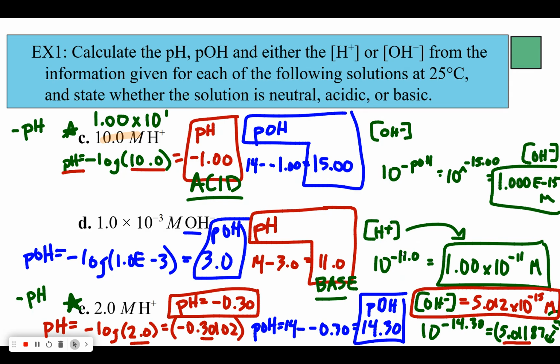So, yeah, it gets a little bit more technical and roundy when you have numbers that aren't base 1, nice round pHs and pOHs, but you go through the same process. So don't let the sig figs and the rounding scare you off here.